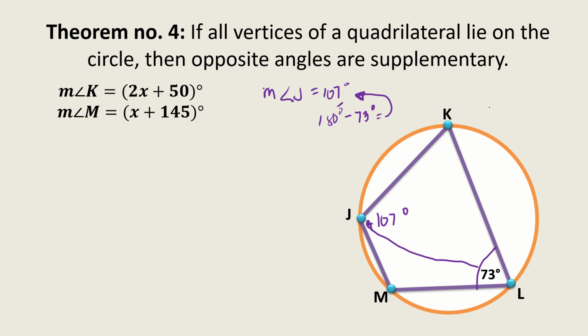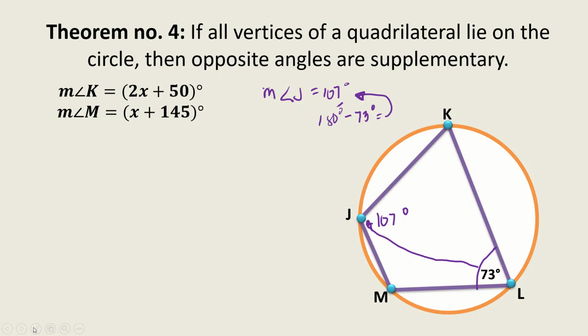Next, katulad kanina, si angle K at si angle M, they are opposite angles, di ba? Ito si angle M, opposite niya si angle K. So, katulad kanina, yung measure ni angle K plus yung measure ni angle M ay equal sa 180 degrees.